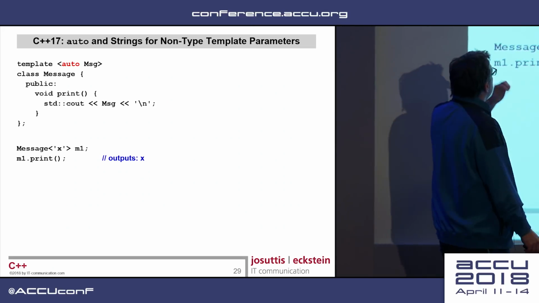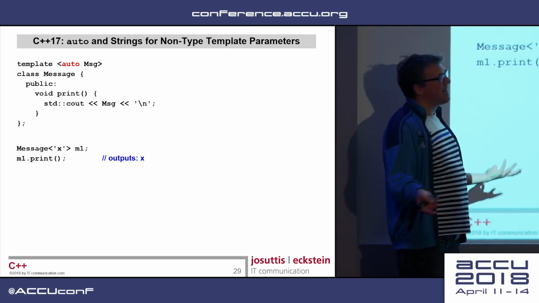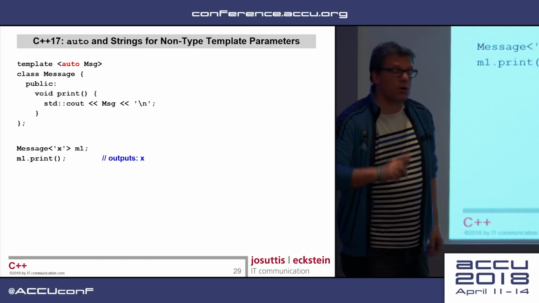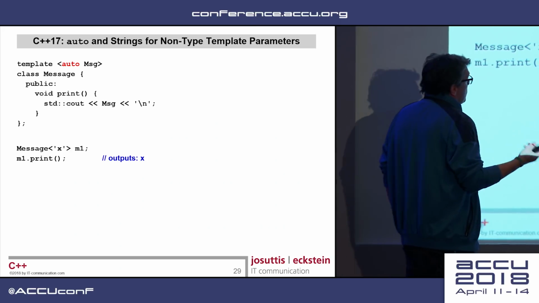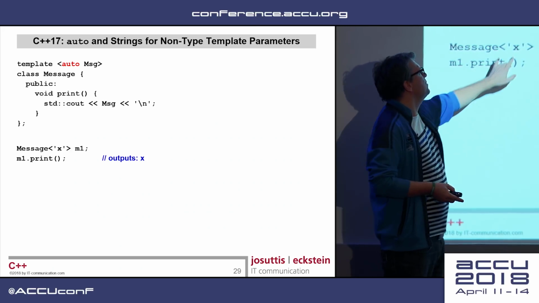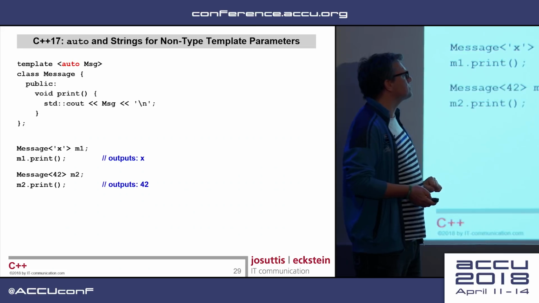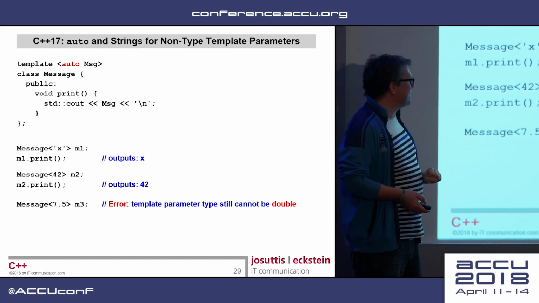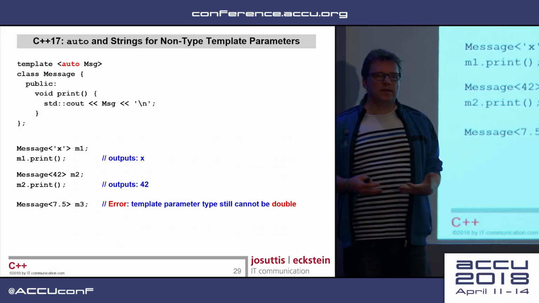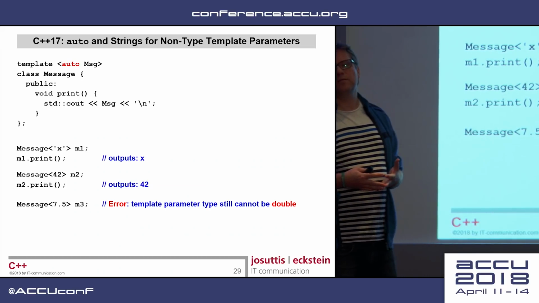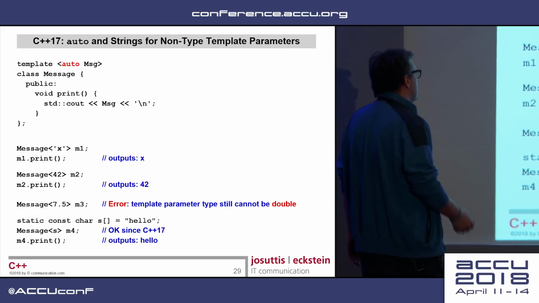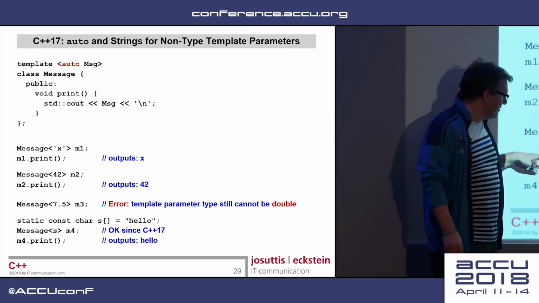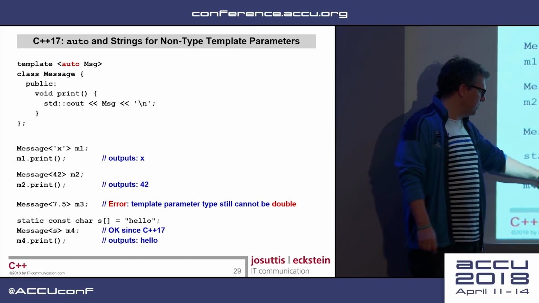So you can instantiate this template for any type which is possible for auto and is supported by non-type template parameters. So you can pass a character, you can pass an int, you can't pass a double because still templates are not allowed to be instantiated for doubles, for floating point values, and of course you can now pass a static string literal this way.